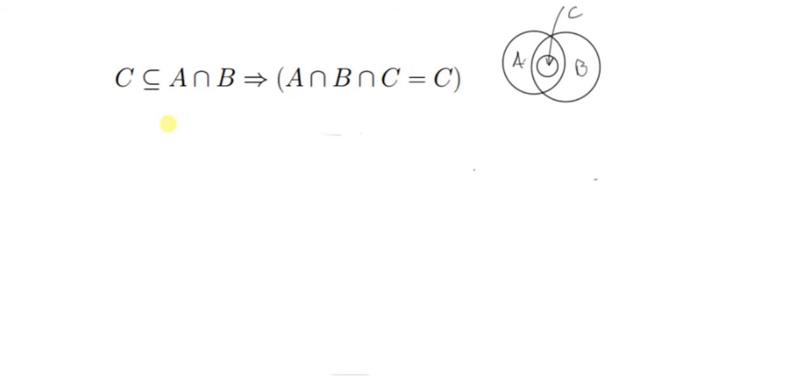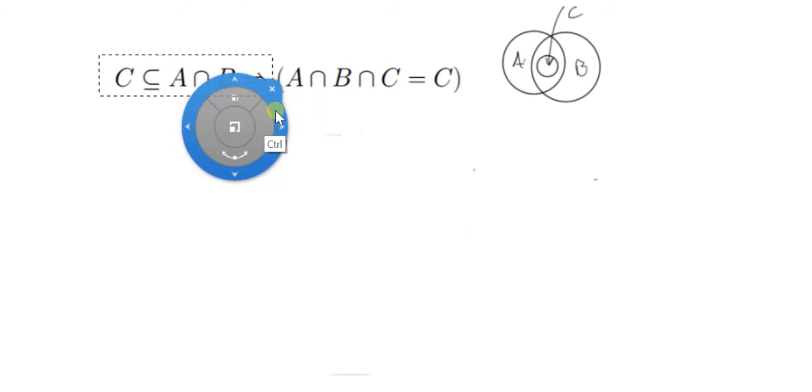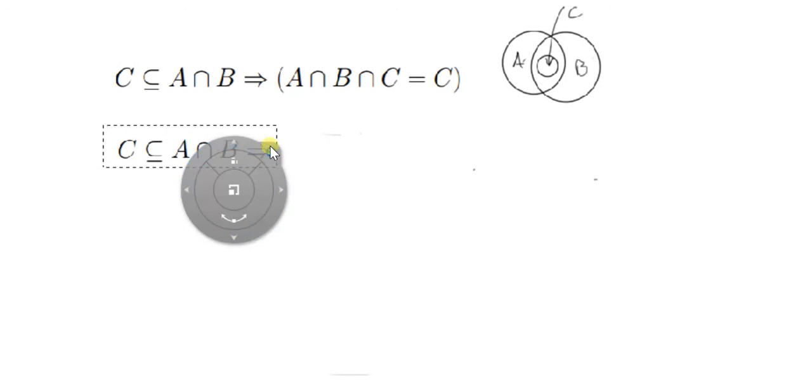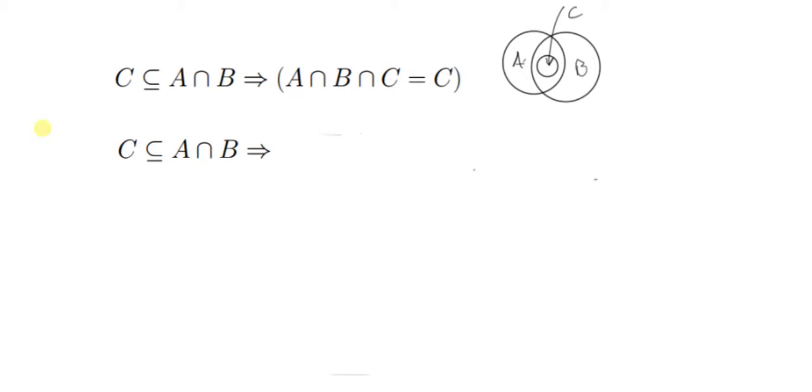So going back to our initial problem, the left-hand side we're going to leave alone real quick. So we're just going to copy and paste that here. And that implies that C is a subset of A and B and C. And that's the one we're going to try to prove.